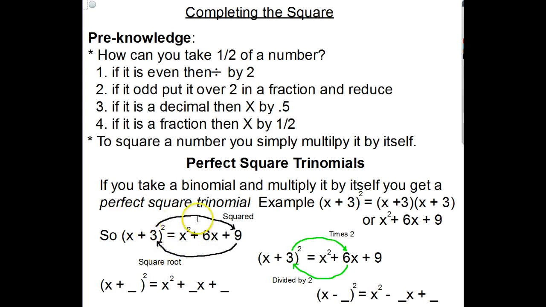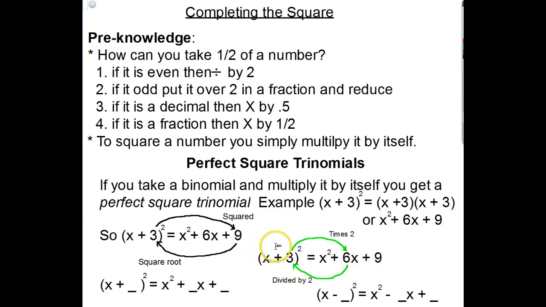So going this way it's squared, coming back it would be square root. As far as it relates to the middle term, times 2 gives you this one, divided by 2 gets you back: 3 times 2 is 6, 6 divided by 2 is 3. So we need to know how these numbers relate to each other.